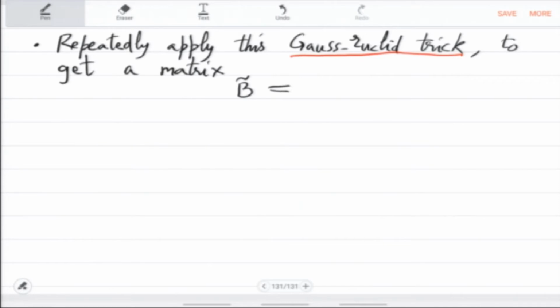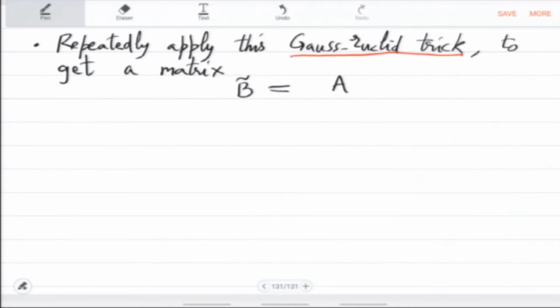So what is happening? The row is becoming 0, right? Except in the first entry, the row is 0. So you are getting a lower triangular matrix. Ultimately, you will stop at this. So in the end, you will have only 0 entries, and the first few columns will be non-zero. Let's say m prime many.